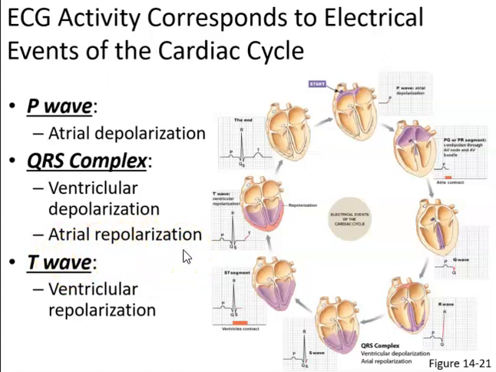So QRS complex representing two events, ventricular depolarization or ventricular contraction, and atrial repolarization or atrial filling, atrial relaxation. The next event is the T wave. So the T wave representing ventricular repolarization or ventricular relaxation, ventricular filling.